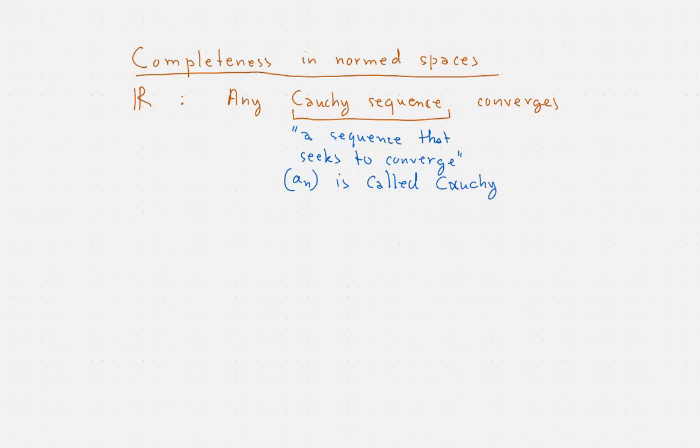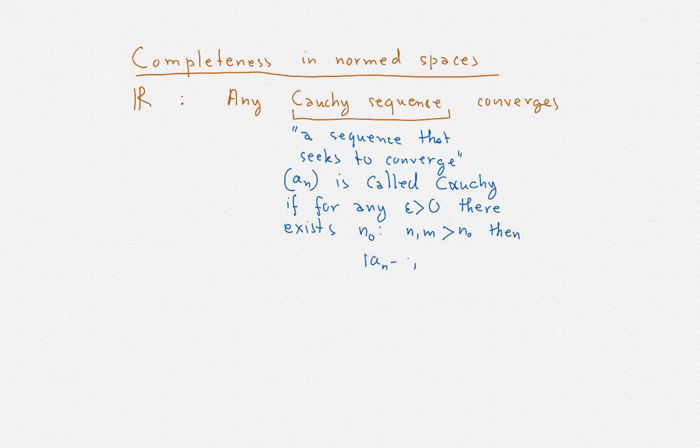So a_n is called Cauchy if for any epsilon greater than 0, for any small number, there exists an n_0 such that if n, m are greater than n_0, then |a_n - a_m| is less than epsilon.